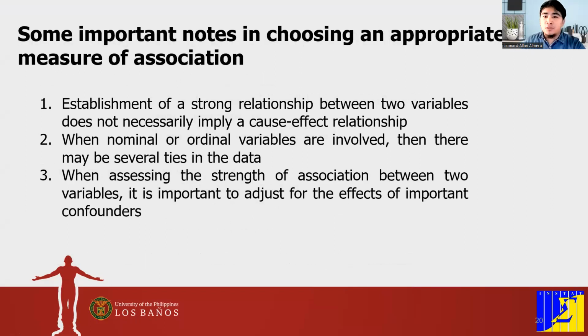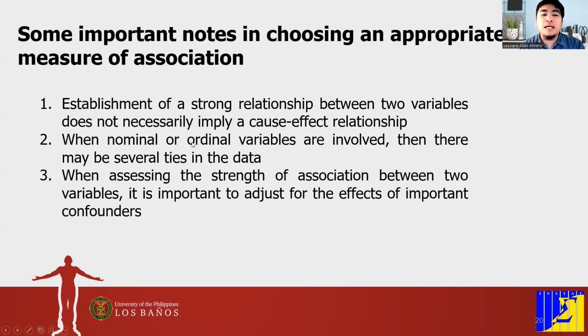Some important lang po, just to close this topic, pag sinabi po natin strong relationship, so establishment of a strong relationship between two variables, that does not necessarily imply a cause-effect relationship. Okay? Ibig sabihin lang po, pag sinabi natin strong, very strong, hindi po ibig sabihin nun na kaya yun strong dahil dun sa isa. Kaya nangyayari si X dahil kay Y. Kaya nangyayari si Y dahil kay X. Hindi po. Okay? Meron lang silang strong association or relationship.